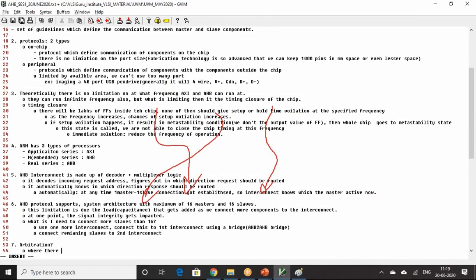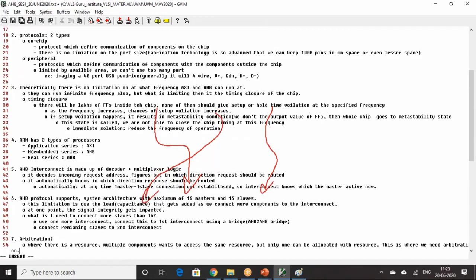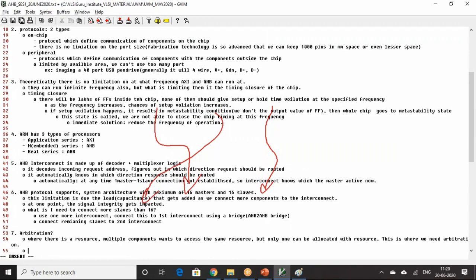When multiple components want to access the same resource, but only one can be allocated the resource, then comes arbitration. This is where we need arbitration. Now in our example, what is the resource?